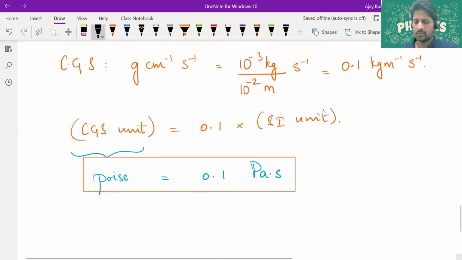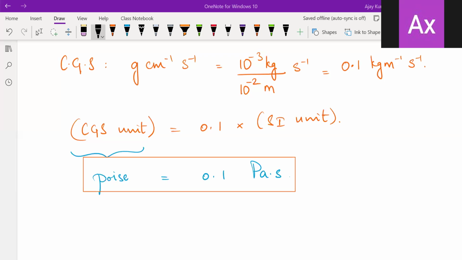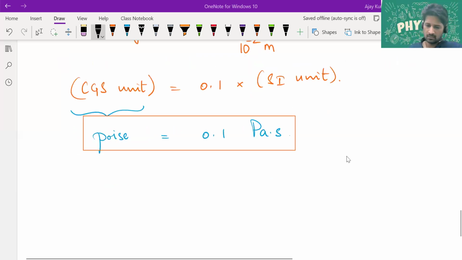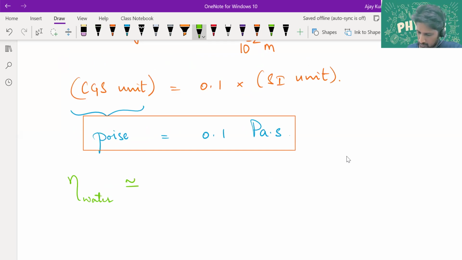Fine. Just a moment, I'll find out the viscosity of water. The viscosity of water is approximately 1 millipascal second. Milli means 10 power minus 3. So it's approximately 10 power minus 3 Pascal seconds.